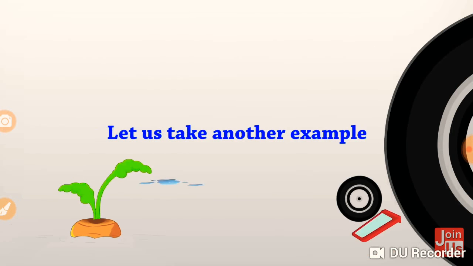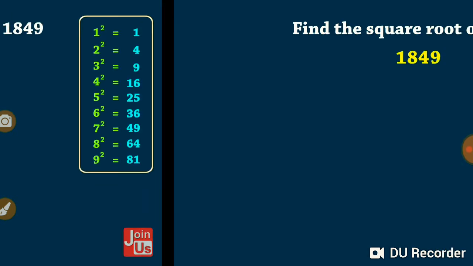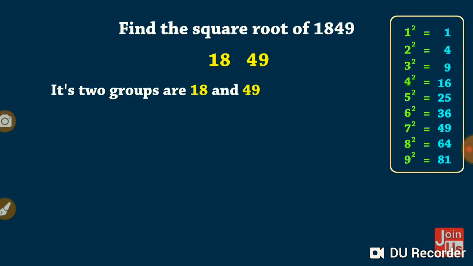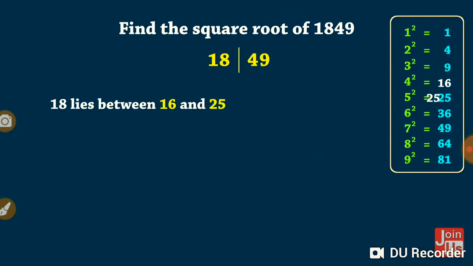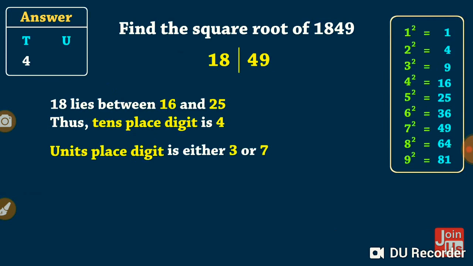Let us take another example. Find the square root of 1849. Its two groups are 18 and 49. 18 lies between 16 and 25, thus the tens place is 4. The unit place digit is either 3 or 7.